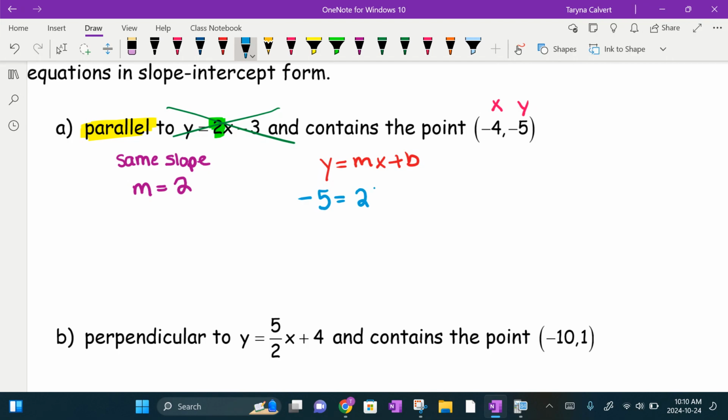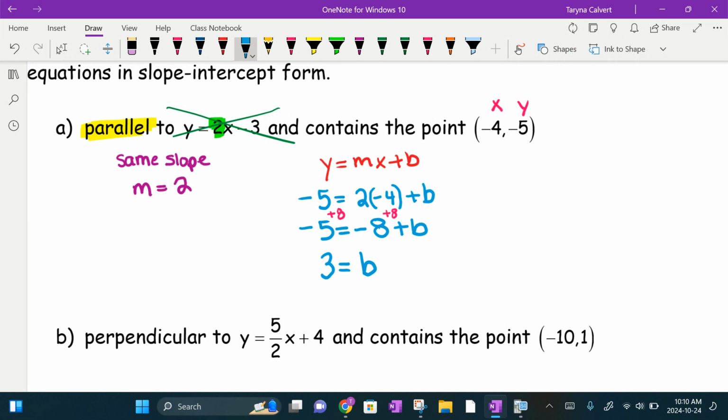M times x, so x is minus 4, plus b. So that's going to give me negative 8 plus b, and then I can do one step and solve for b. So I'm going to add 8 to both sides. So now I'm looking at 3 equals b.